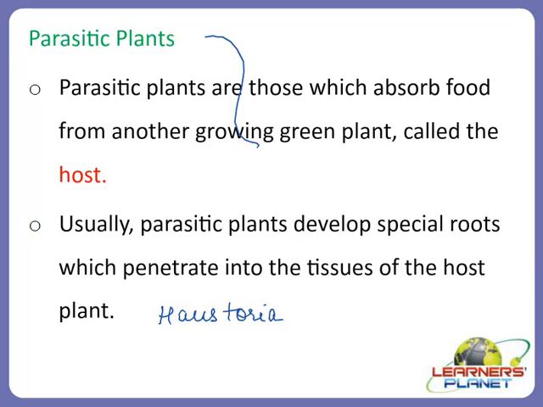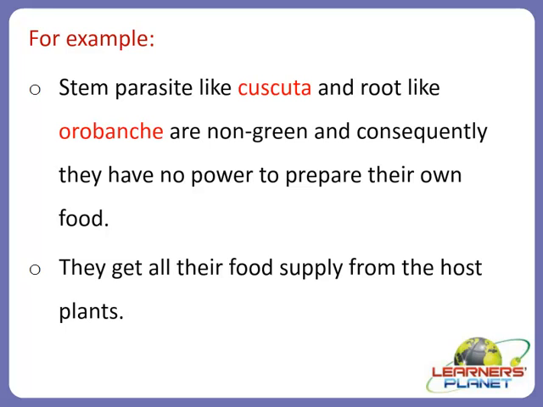Through these tissues they are able to obtain nutrition from the host, and that is why they are termed as parasites. Let us see some examples which can better explain what type of nutrition goes on and how they draw the nutrition from the host plants. The first example is Cuscuta and the second example is Orobanche. Stem parasite like Cuscuta and root parasite like Orobanche are non-green and consequently they have no power to prepare their own food.